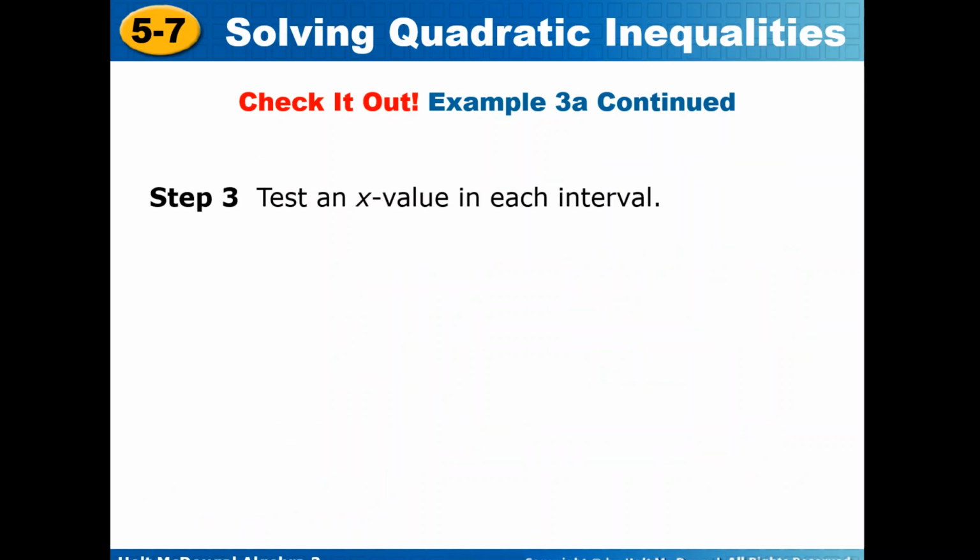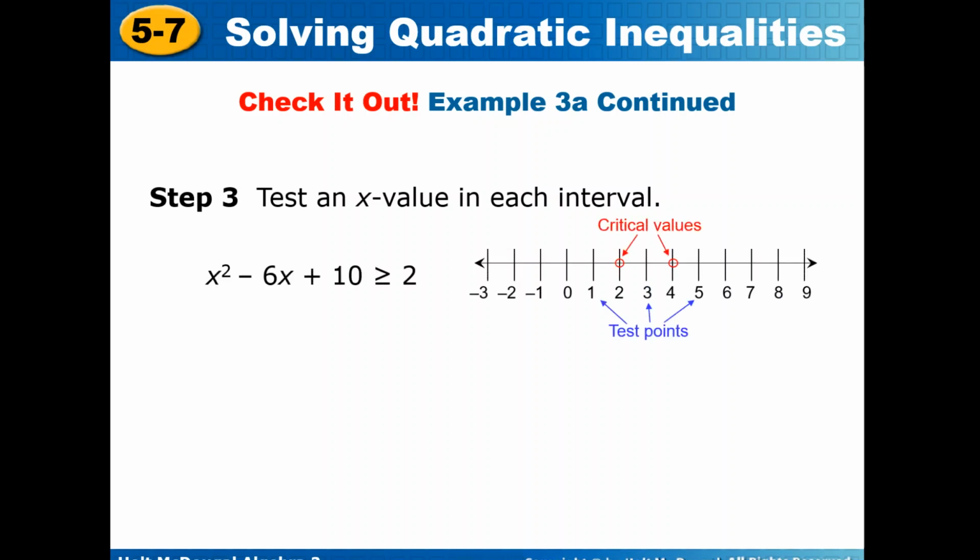So then you could do a test x value in each interval. So here are my intervals here. I've got an interval here, and an interval here, and an interval in here. So we tested the points in each of those. I tested 0, they tested 1, but we still see that that's true. So you can put a check there.